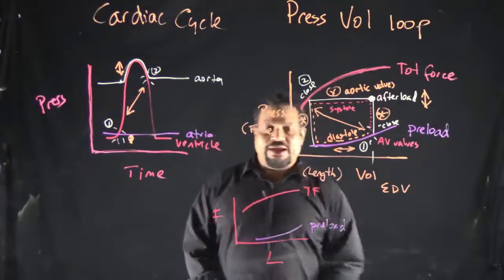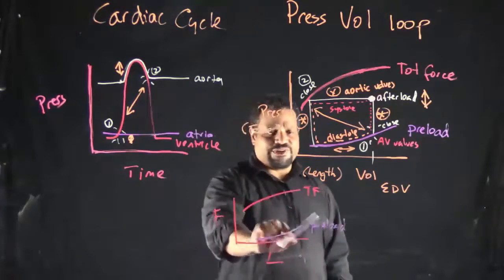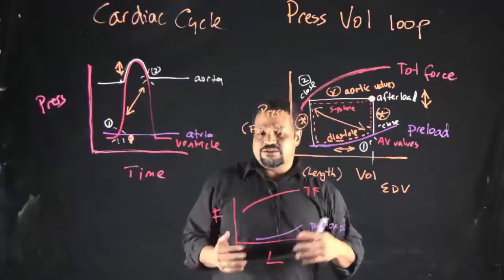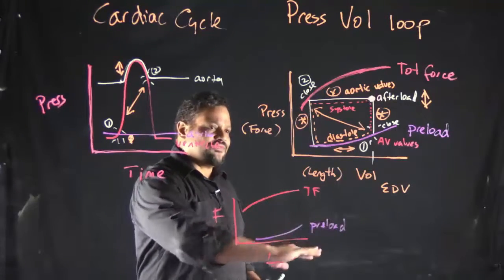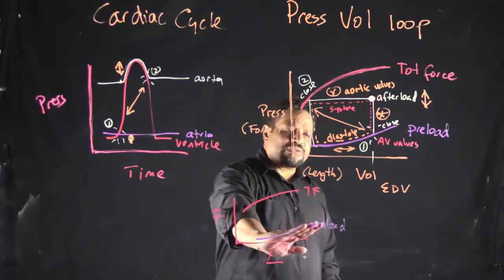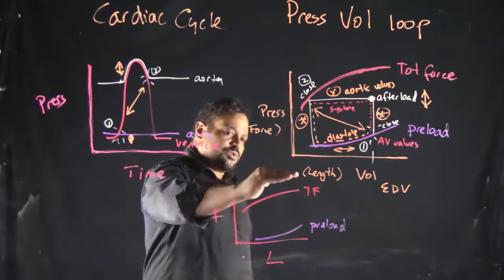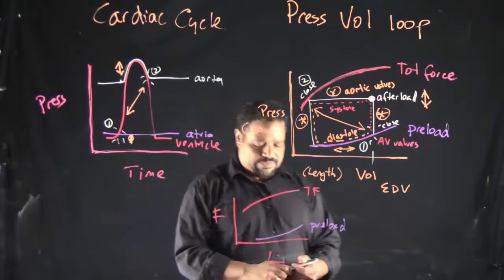In skeletal muscle you have the total force and the preload. These are basically calculated by isometric contractions. You take muscles at different lengths and see how much preload is developed at each of those independent lengths, and then how much total force is generated for each of those lengths.